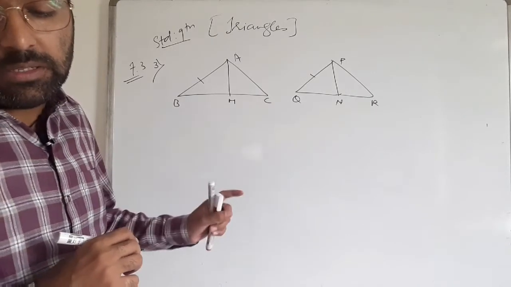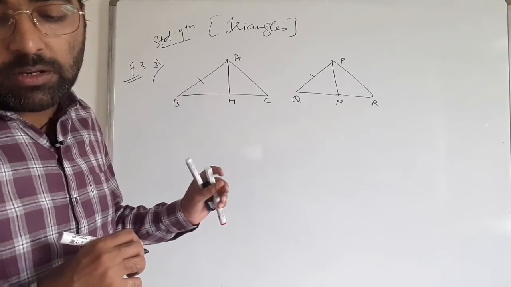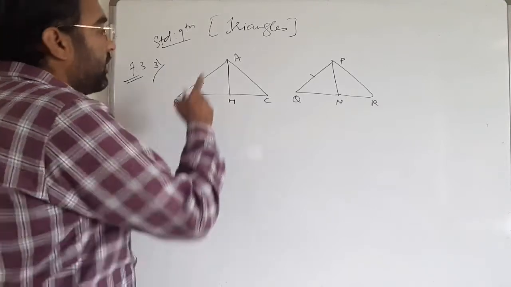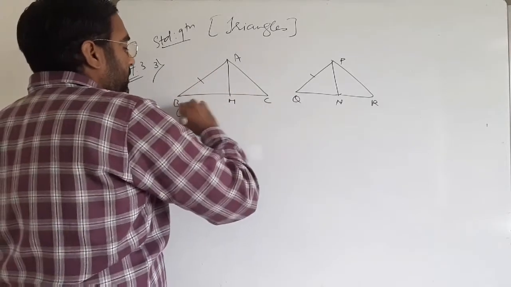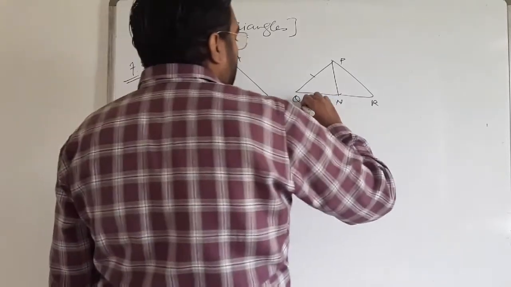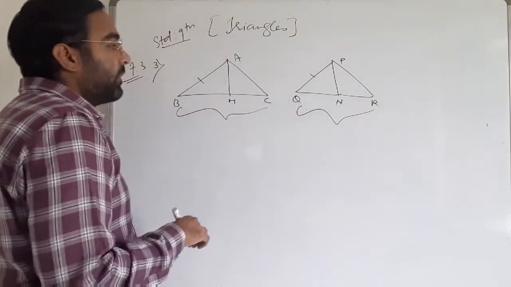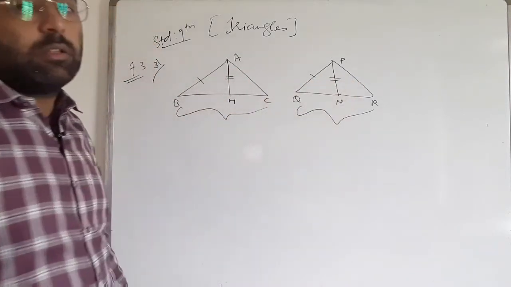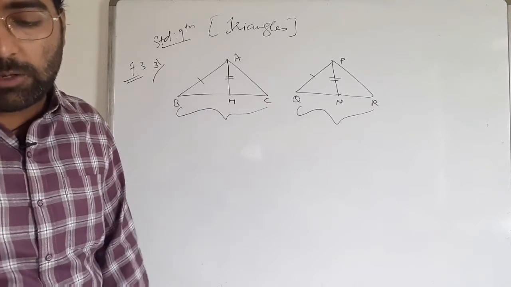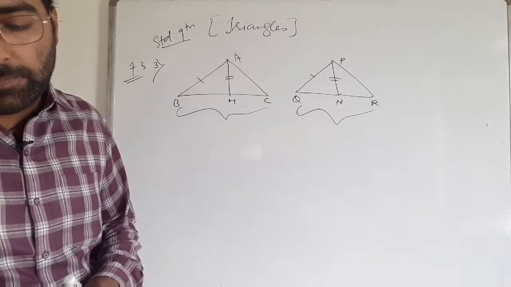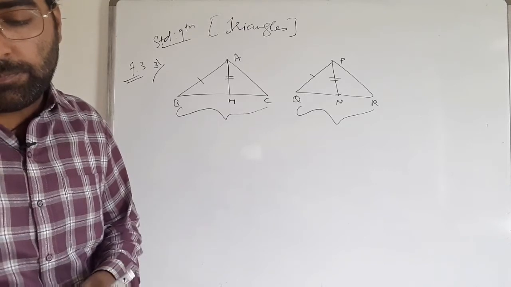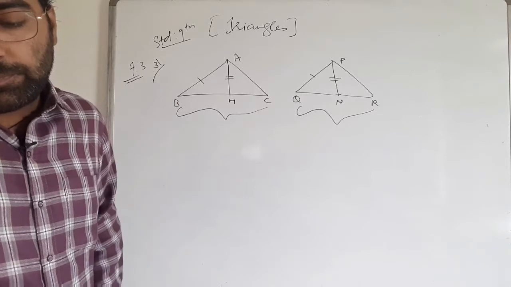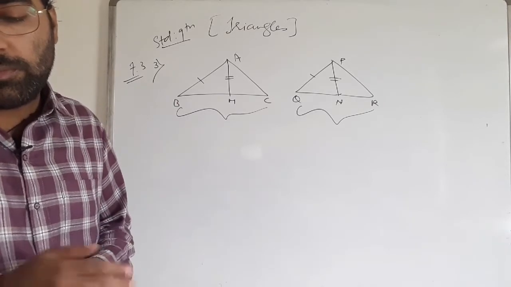AB and BC and median AM of triangle ABC are respectively equal to PQ, QR and PN. AB is equal to PQ, BC is equal to QR, and AM is equal to PN. These three things are given equal. Clear?